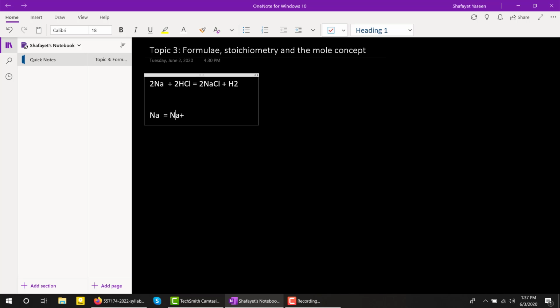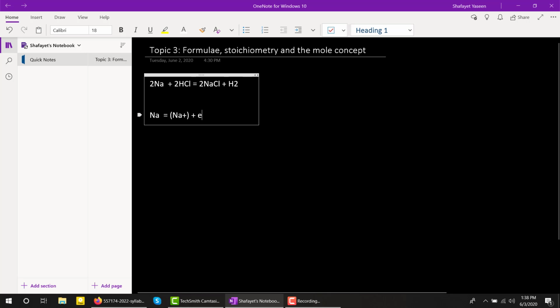So Na will just be equal to Na plus plus, I better include it in a bracket, Na plus plus electron. So what was negative on the left hand side will become positive on the right hand side. It's simple mathematics.